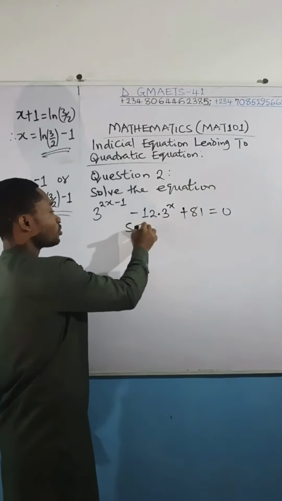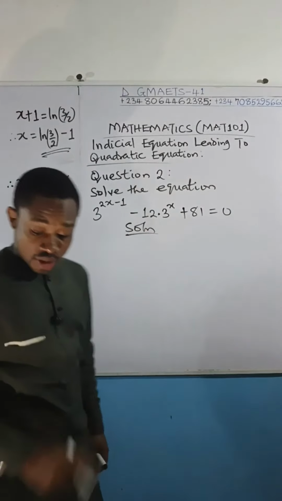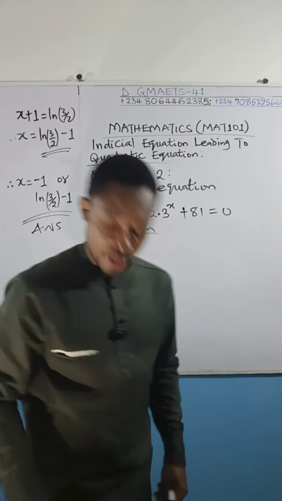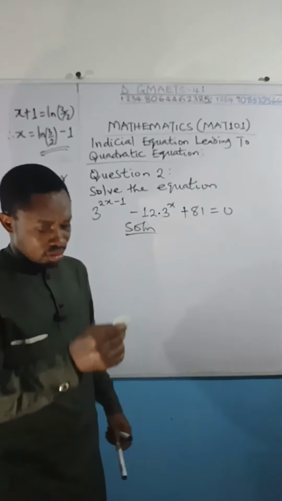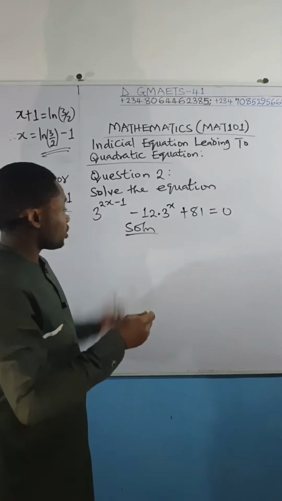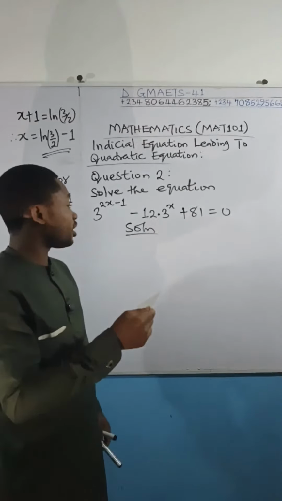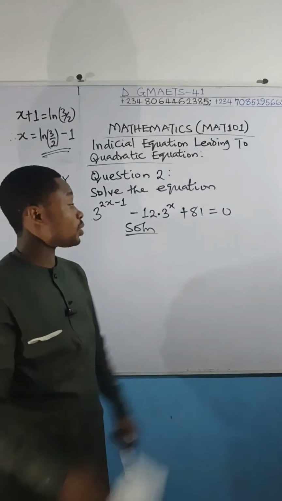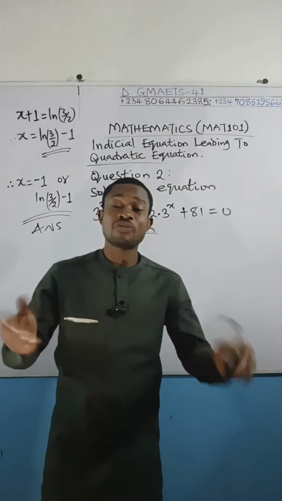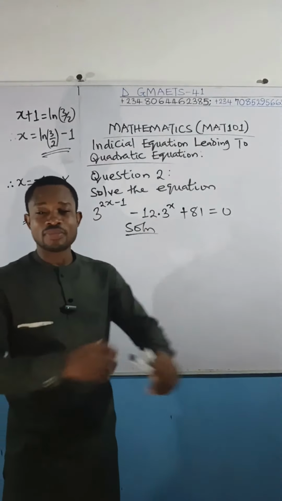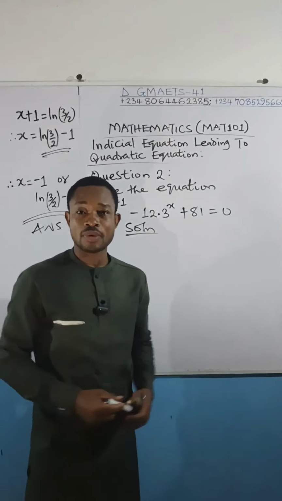Solution. I think that's the question. Yep, that's the question. 3 raised to the power of 2x minus 1, and then minus 12 times 3 to the power of x, then plus 81 equal to 0. From what I've explained so far, you see, technically this problem on the board is as good as the previous one.